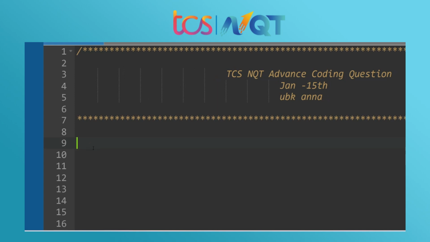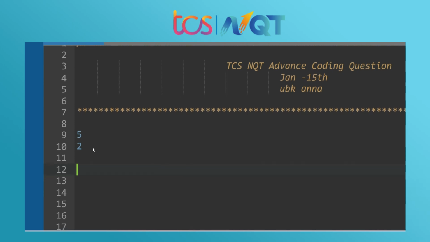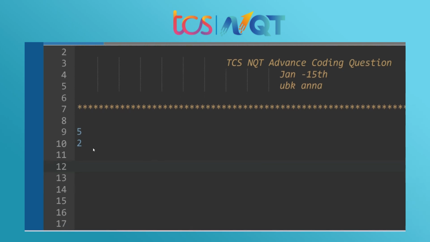At first we'll take the number of students, that is 5, and then we'll take the number of re-evaluations, let's say 2. Then we'll take the marks of the 5 students, like 1, then 1, then 2, then 5, then 2. Let's say these are the corresponding marks of each student.